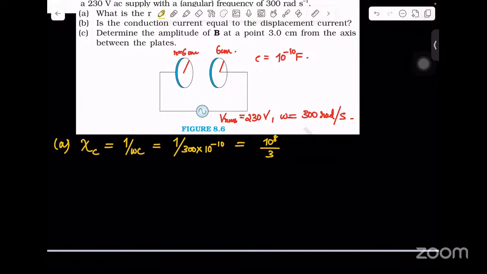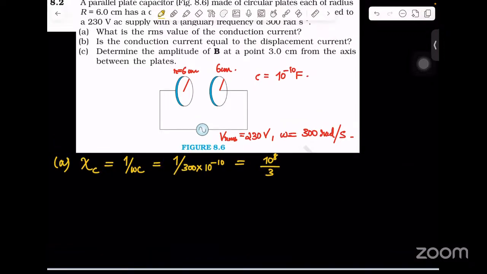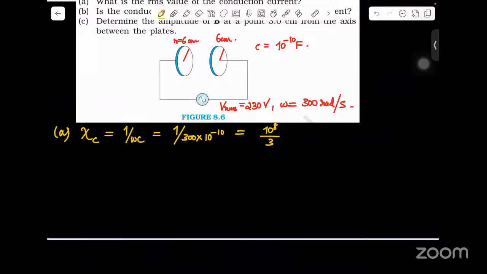So this is the capacitive reactance of the circuit. And the conduction current RMS value, I_RMS, would be equal to V_RMS upon X_C, the capacitive reactance. In AC circuits, this X_C, or the reactance, actually acts as the resistance, just like Ohm's law in your current electricity.